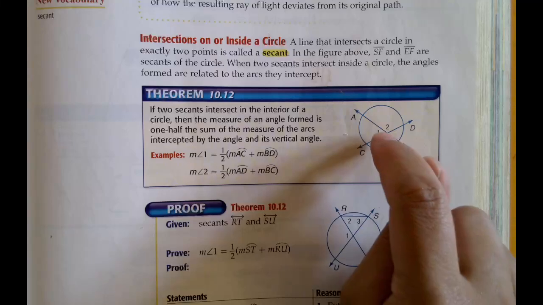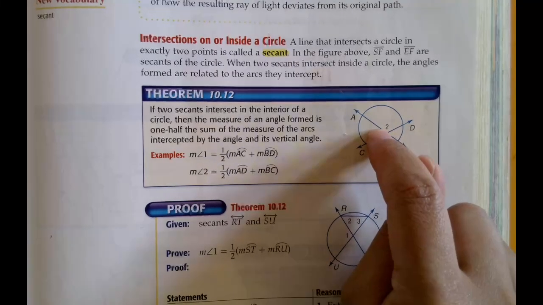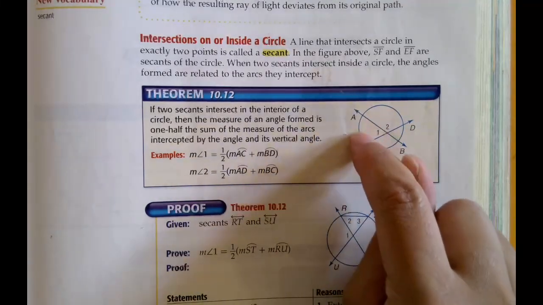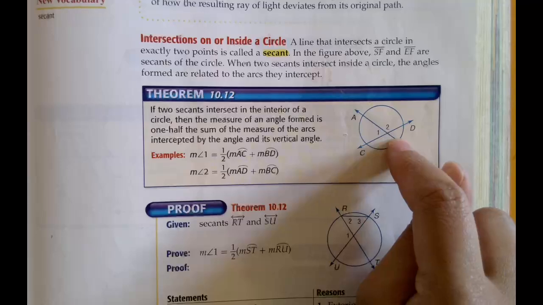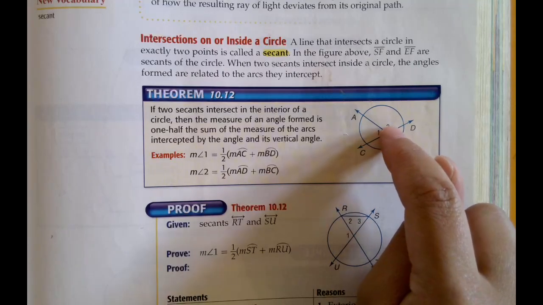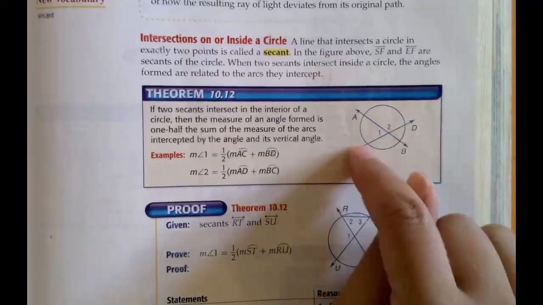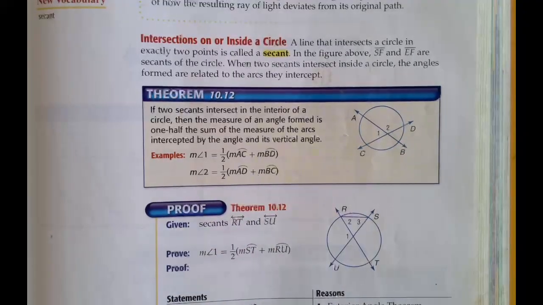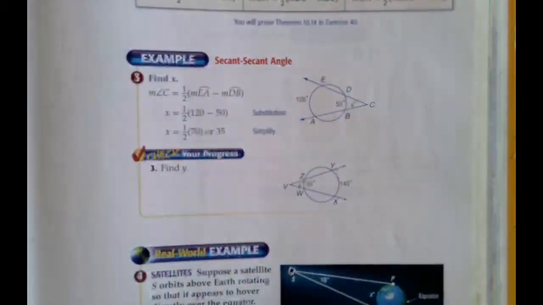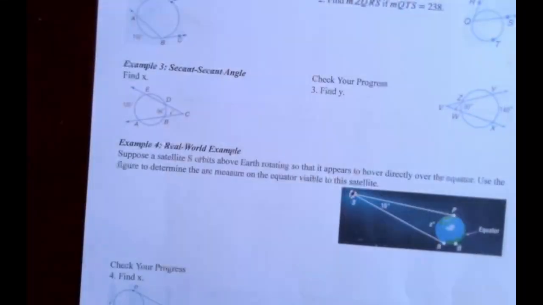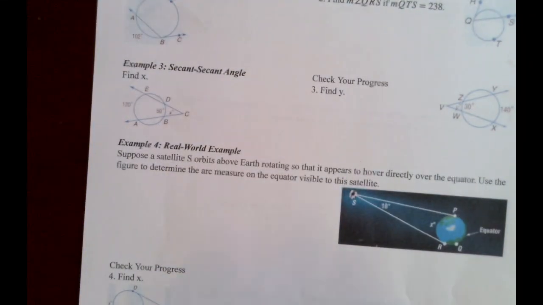So angle 1 is half of AC plus BD. Angle 2 is half of AD plus BC. That takes us to our first example.